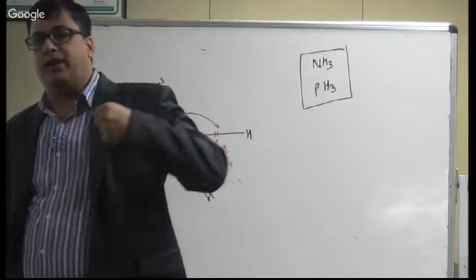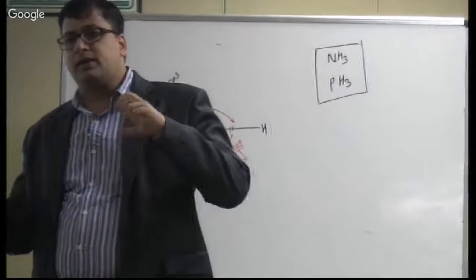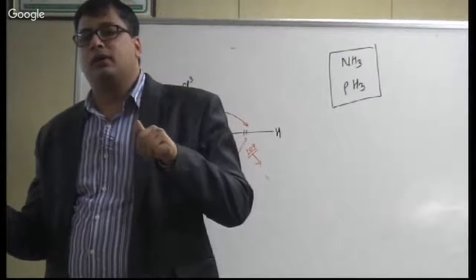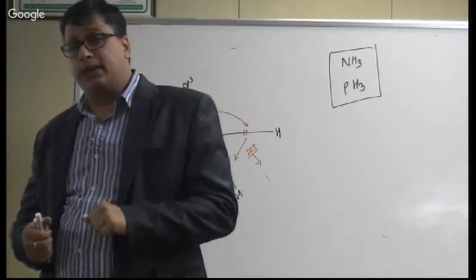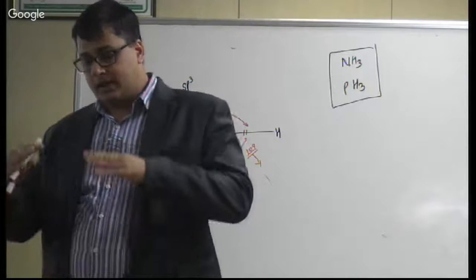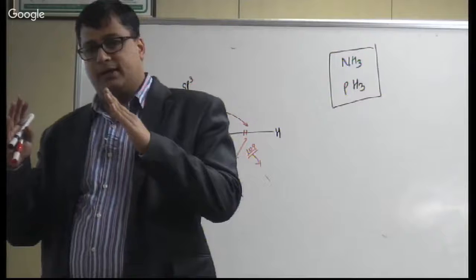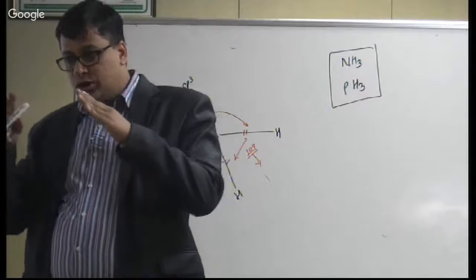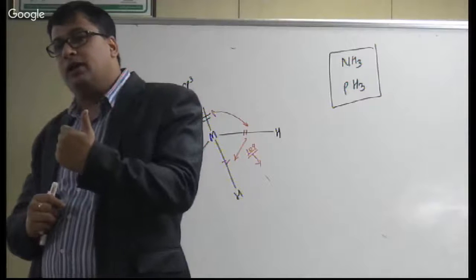the bond length will increase, right? And if you increase the bond length, the density of electrons in the bond decreases. And if the density of electrons in the bond decreases, the inter-electronic repulsion between two bonds decreases. So they can come close to each other, since the lone pair-bond pair repulsion is higher.